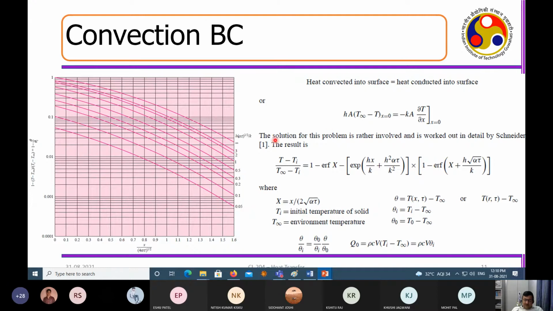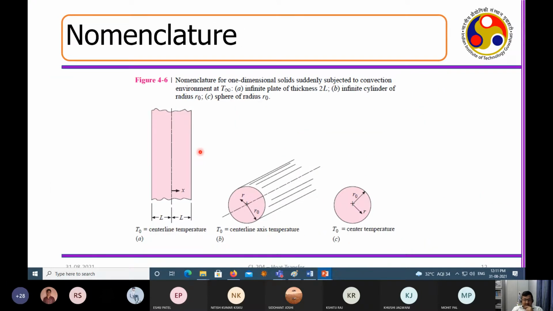So if you enforce this boundary condition and you get a solution of this form, you can plot them like this. Now there are different types of function plotters in MATLAB, Mathematica, different software. So if you plot them, you will obtain a plot like this. And these plots are extensively used for different types of systems.